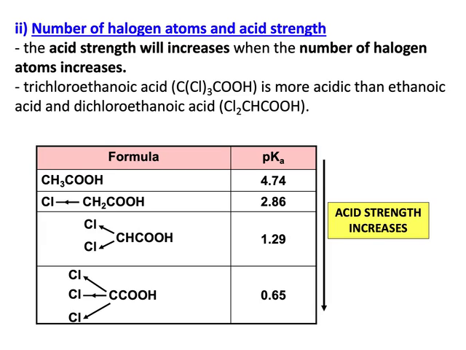So next, the number of halogens attached to the carboxylic acid. So acidity will increase when the number of halogen atoms attached to this carboxylic acid increases. So it means that the more halogen attached to the carboxylic acid, the more acidic it becomes.